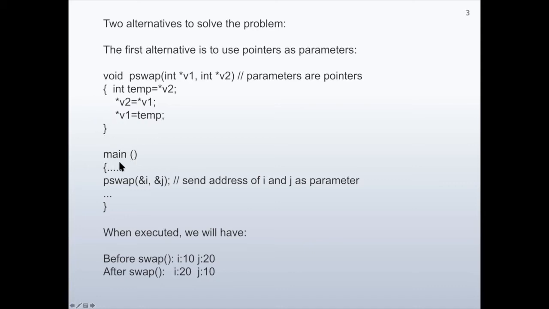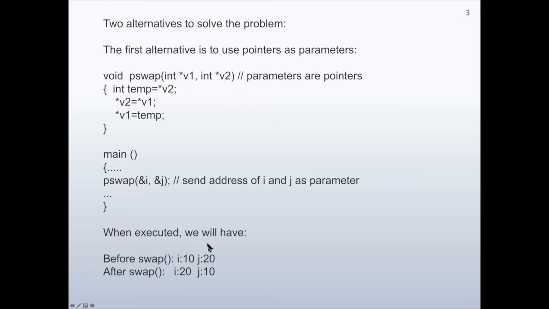In the main part, we are calling the function pswap, because these are pointers. We are sending the address of the item i and address of the item j as parameters. So these addresses are to be loaded to the pointers given as parameters.